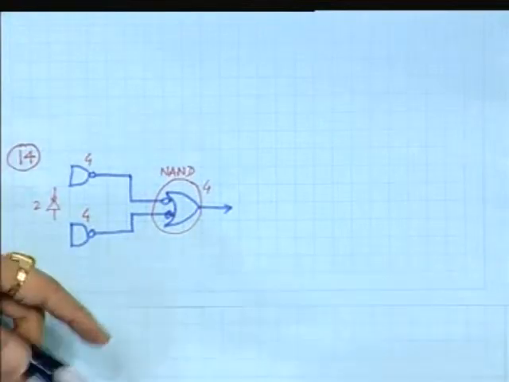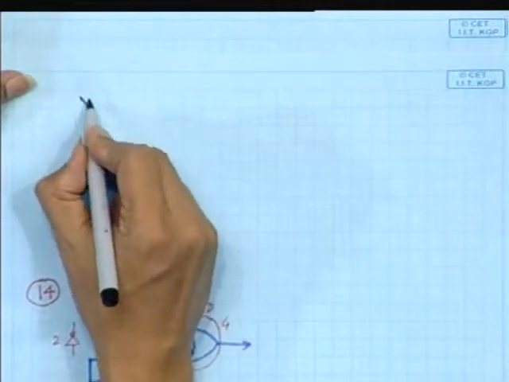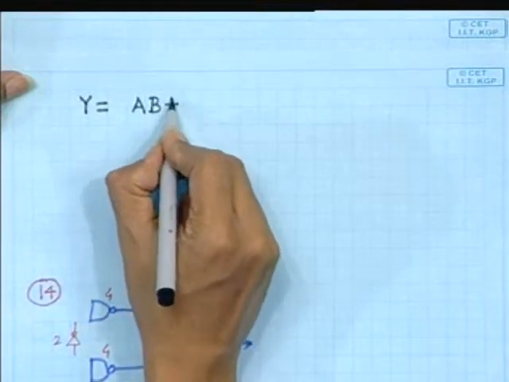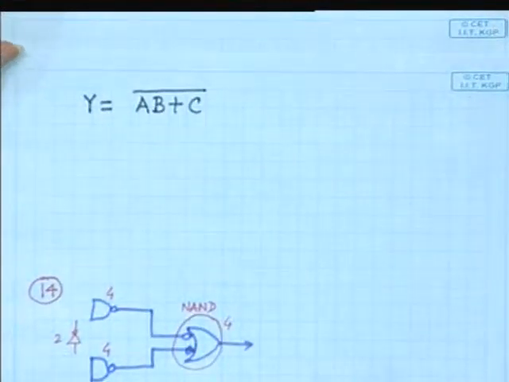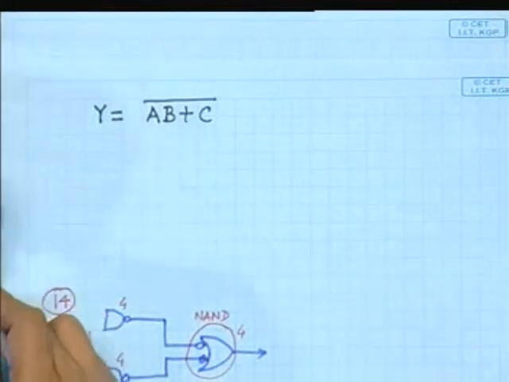Suppose we encounter a logical expression which looks like this: Y equals (AB plus C) whole bar. Can we compute the number of transistors required in realizing this? How do you go about this?